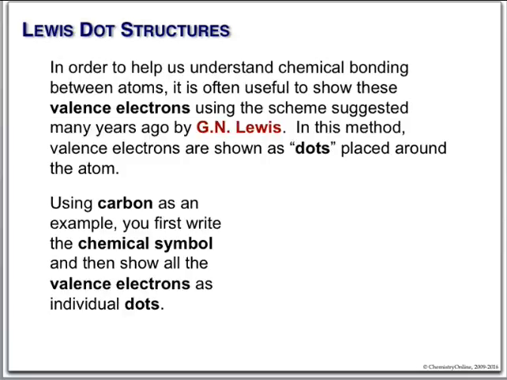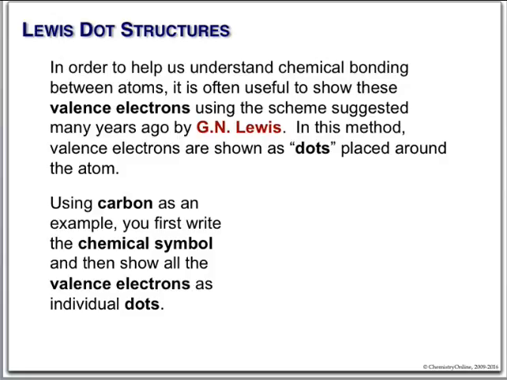In order to help with this concept, this guy named Lewis, in the late 1800s, figured out this valence electron stuff and came up with what he called the Lewis dot structure. In a Lewis dot structure, what you're going to do is simply take the symbol for the element and put the valence electrons around it.